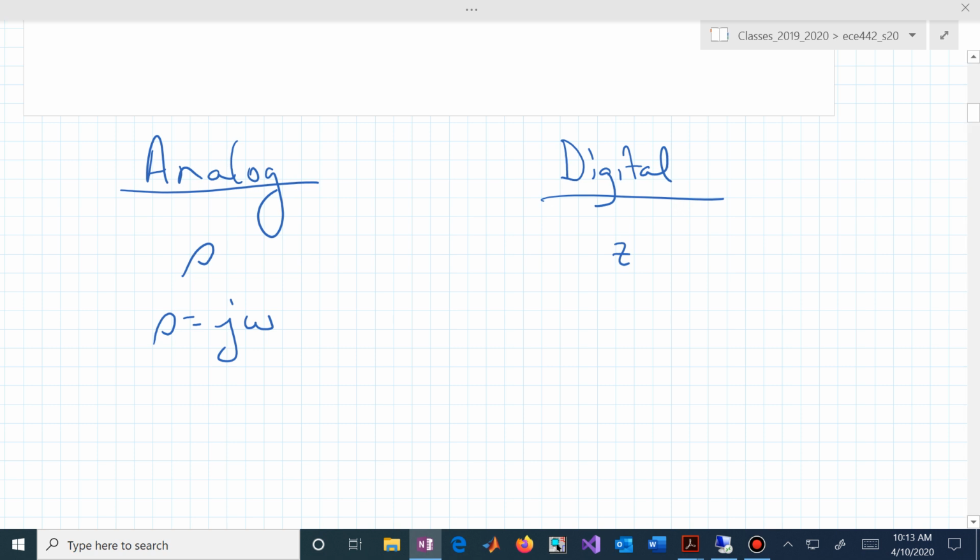But over here in the digital domain, we now have this relationship between S and Z, and if we want to know what the transfer function is going to evaluate to in terms of its frequency response, we evaluate that D of z at e to the j omega T.